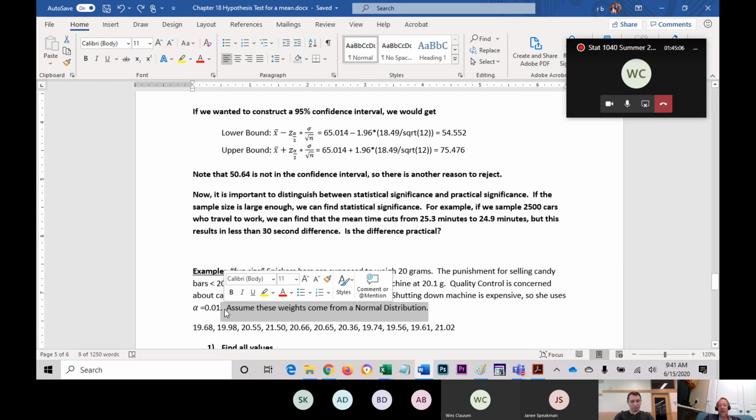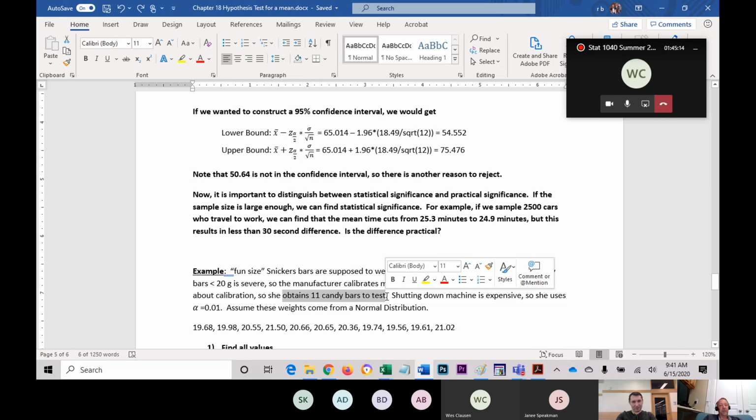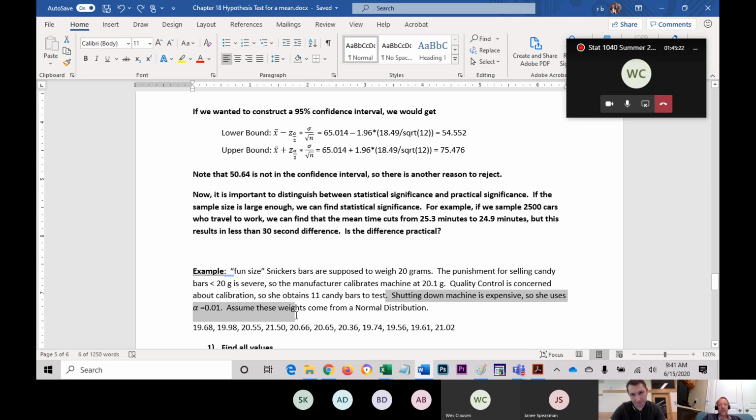So based on that, is it okay? Yes. But it is awfully small. I probably wouldn't like to do just 11. Shutting the machine down is expensive, so she uses alpha of 0.01. We've never used one of those. So assume the weights come from a normal distribution.